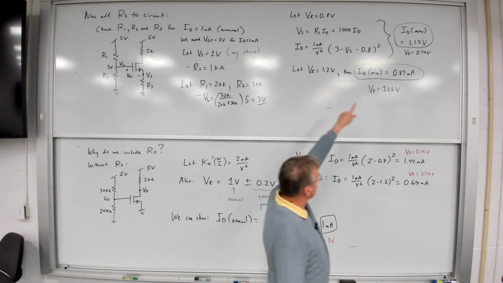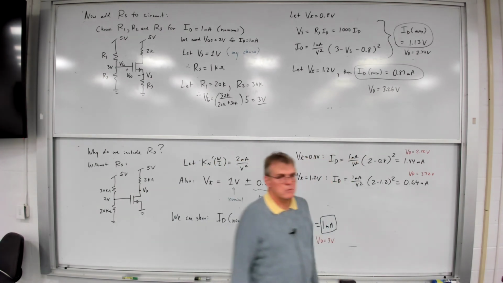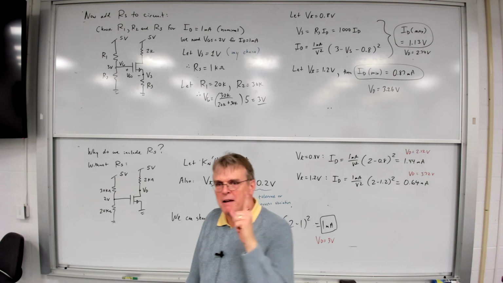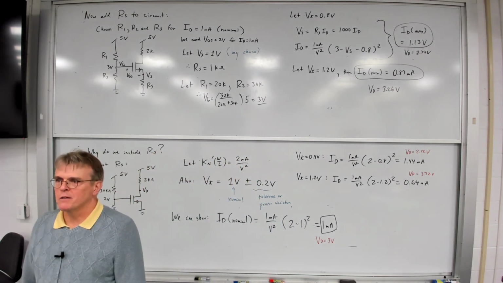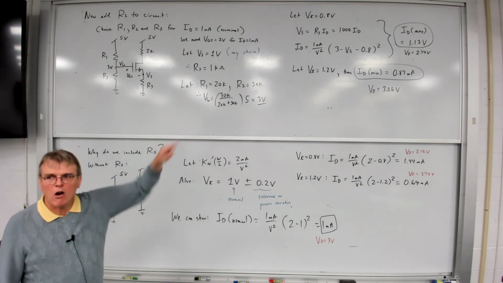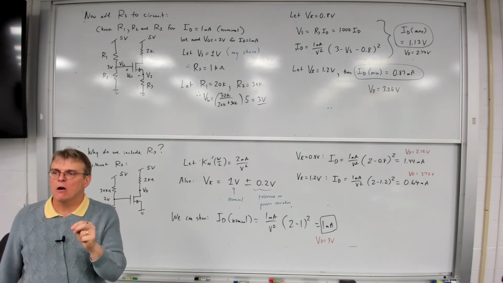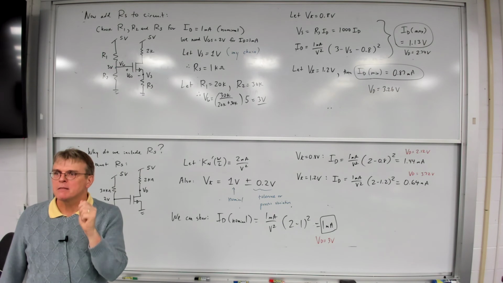Compare those numbers to those numbers. What do we find happens to the bias point? It doesn't move around as much. What does adding RS do to the circuit? Adding RS stabilizes the bias point.